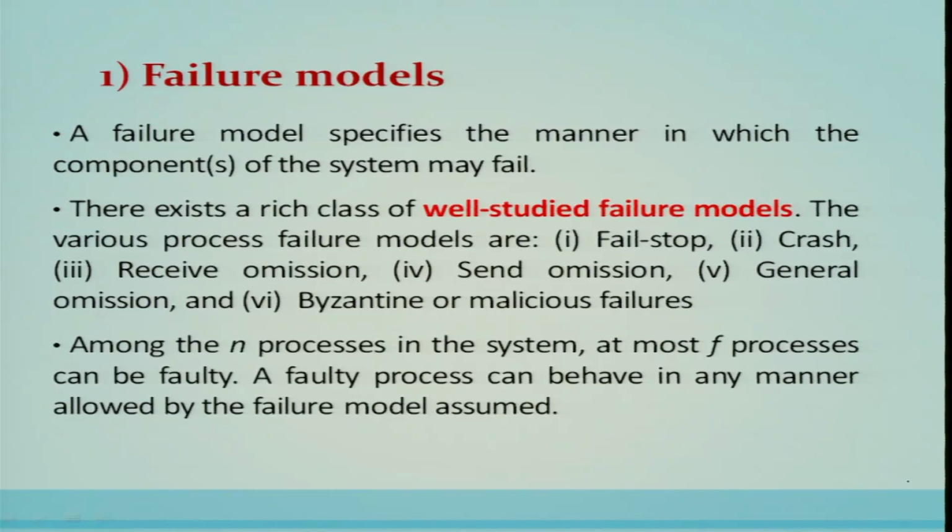Now in failure models, among the processes in the system, we represent the number of processes by small n, and we can also assume that at most f different processes can be faulty. A faulty process can behave in any manner allowed by the failure model, which is to be assumed in the particular problem setting.